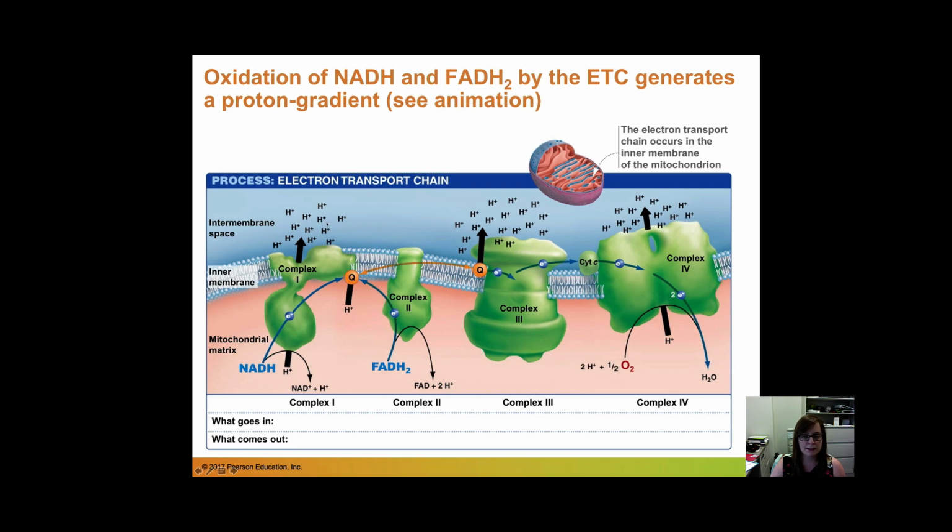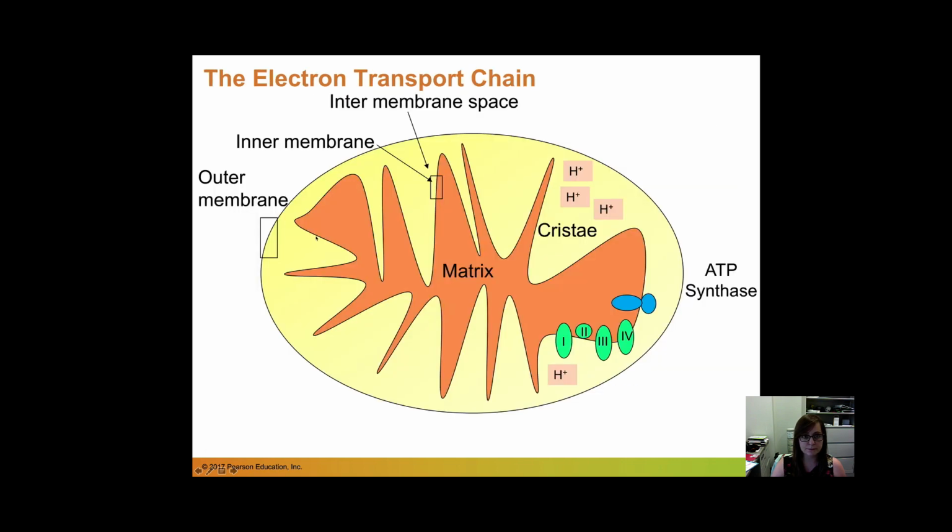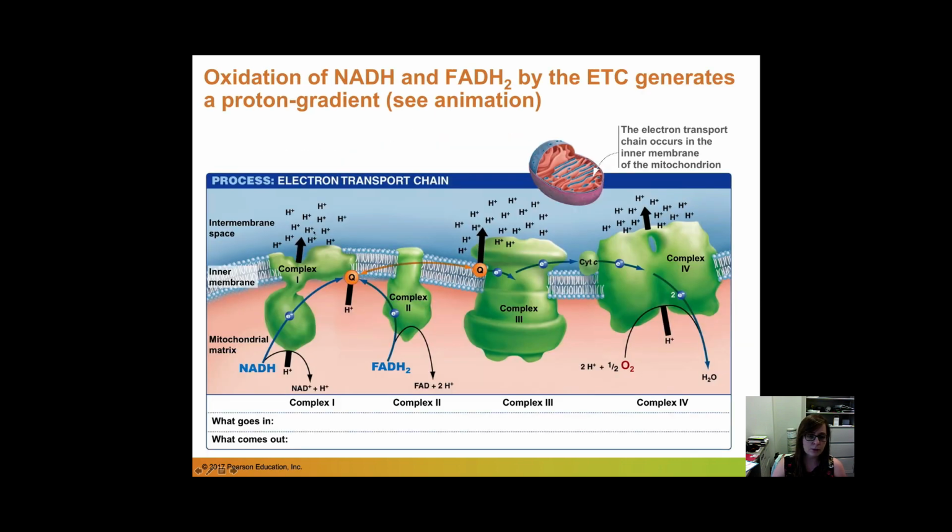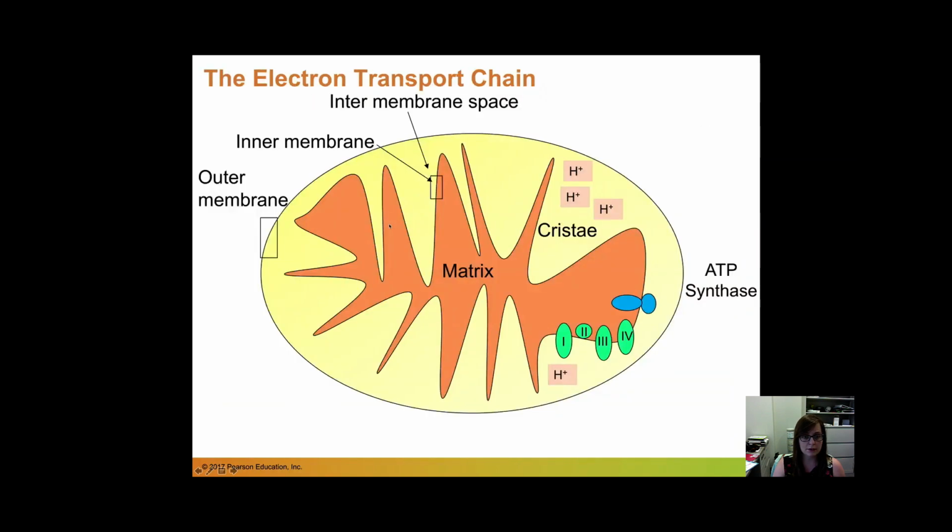Okay, and so we're now talking about oxidation, right? And we're going to use this proton gradient that's established, this electrochemical gradient, to make ATP, and that essentially is oxidative phosphorylation.